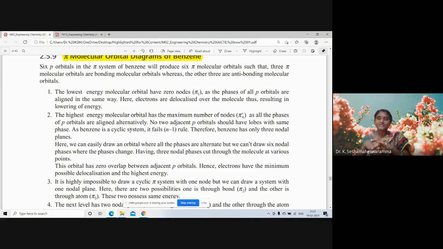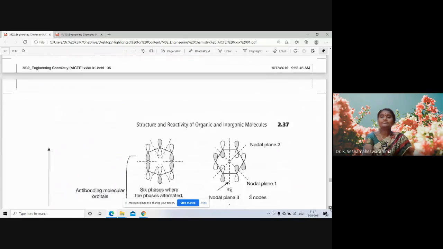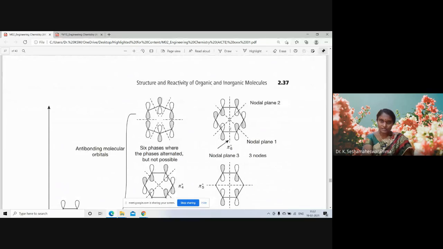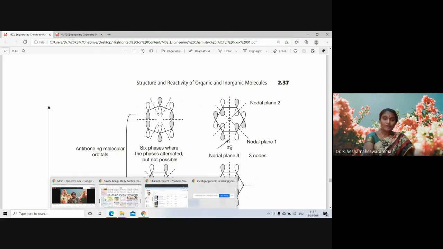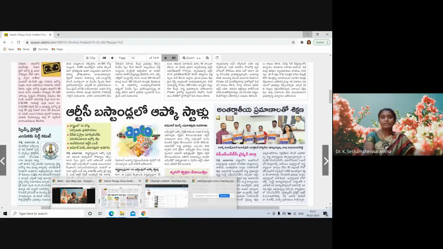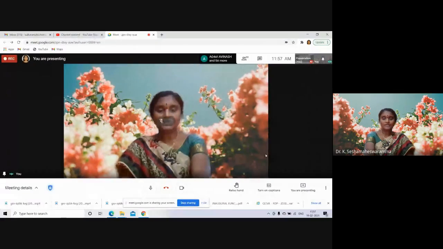Therefore, benzene has only 3 nodal planes. Here we can easily draw how all 3 nodal planes alternatively cut through here. Okay, this is the pi molecular orbital diagram of benzene and its energy levels.